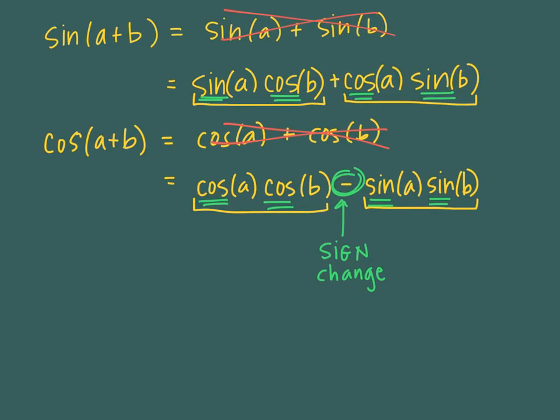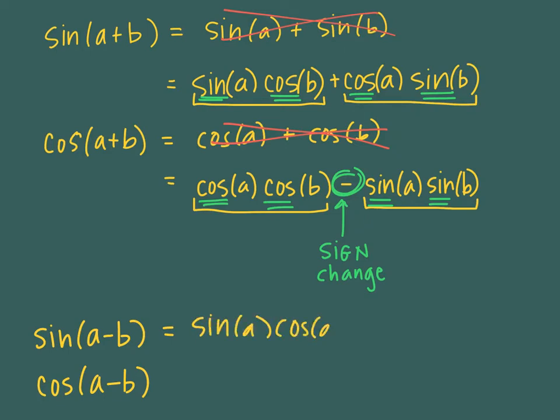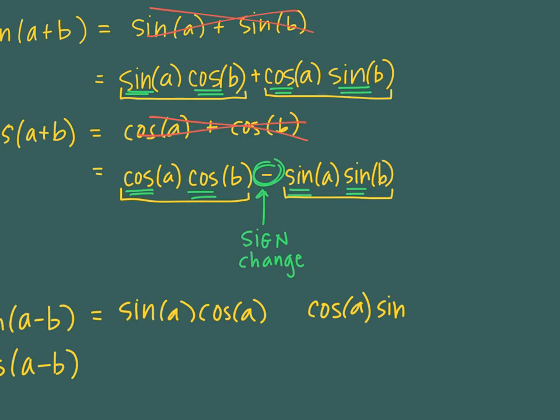This same rhythm works for sine of A minus B and cosine of A minus B. They work together. And so the pattern would go sine, cosine, cosine, sine. And I just realized that I made a mistake, so let me go back and fix that before you copy it down. We've got a B here in the center.